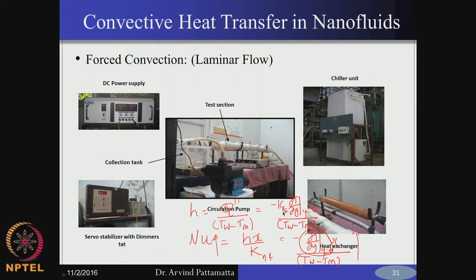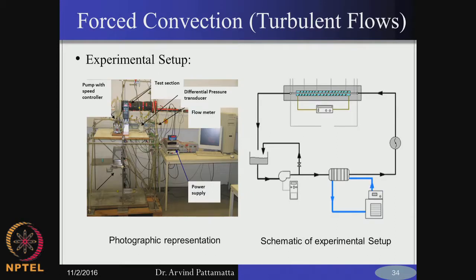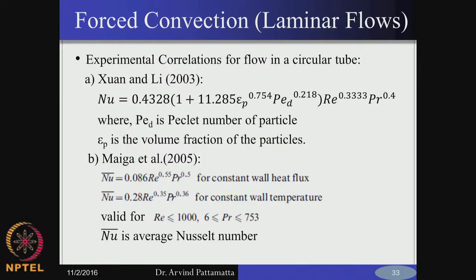So you do not know whether the increase in h is due to the higher value of thermal conductivity or it is actually due to increase in the temperature gradient, okay. So this is where some of the literature becomes confusing, and the correct way of plotting it will be to actually plot the Nusselt numbers, okay. The Nusselt number does not have the enhancement due to thermal conductivity.